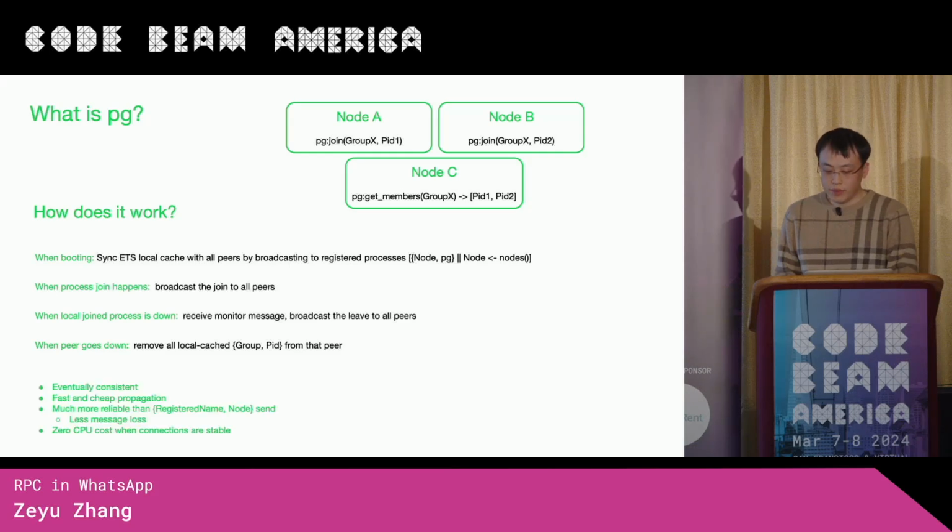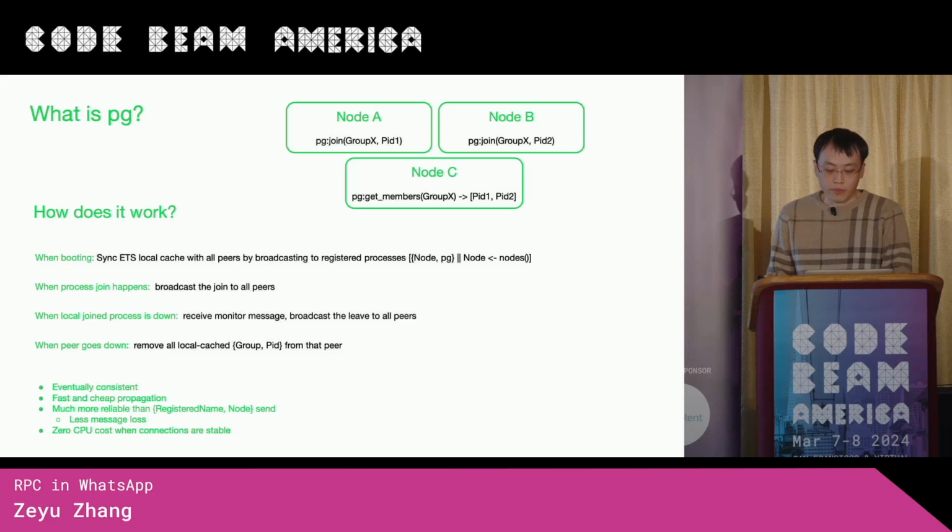The propagation of an update in PG is super fast and cheap, which makes it more reliable than a registered process send. For registered process send, it may happen that when the request arrives at the node, the request handler may already have died or restarted with a different state.